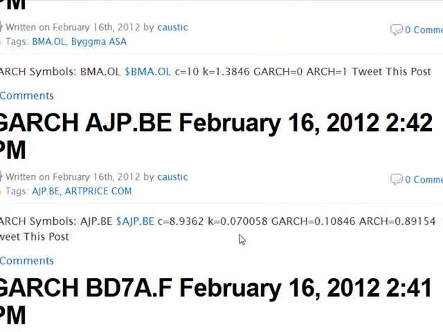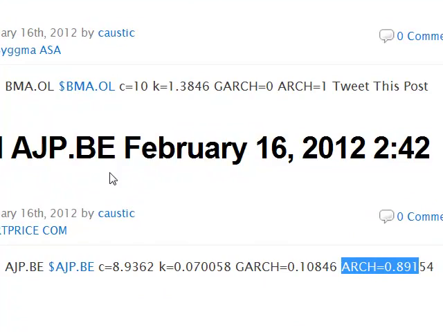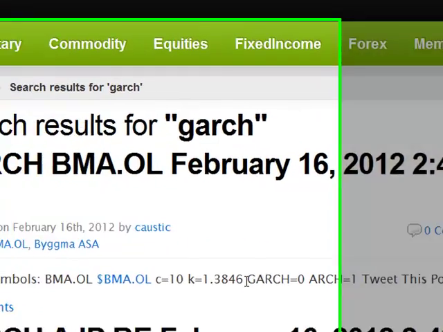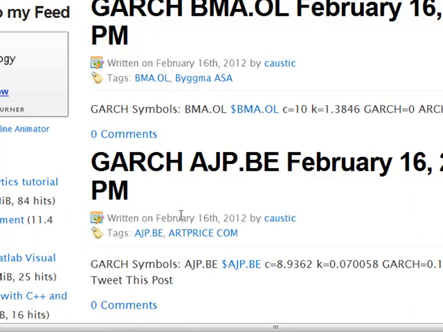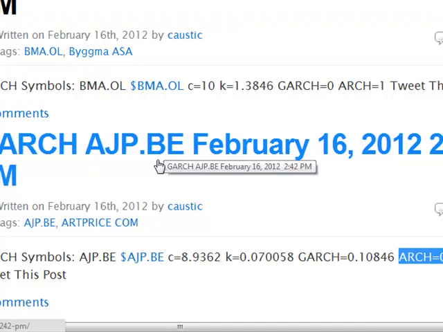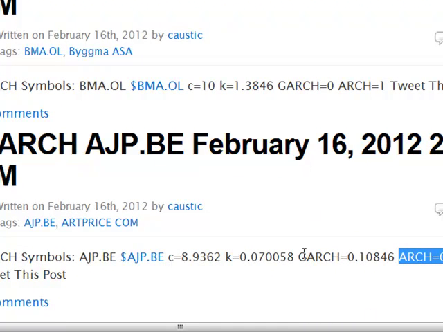In this case, we show you the Garch measurement as well as the Arch measurement, if you are familiar with either of those. Those are different metrics used to measure the potential profitability of different assets using this Garch metric.